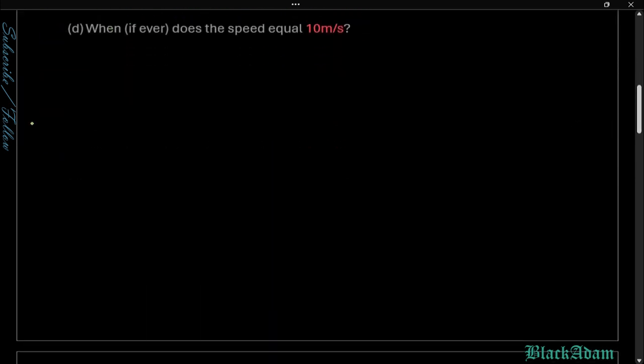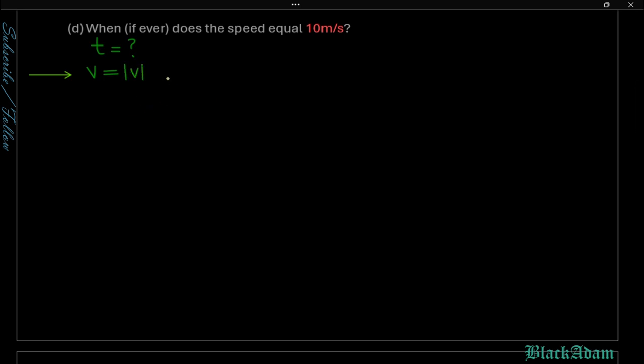Coming up to the fourth question: when, if ever, does the speed equal 10 meters per second? So they want the time. Let us look at the equation. The speed is the square root of the horizontal speed squared plus the vertical speed squared, and all of that should give us 10.